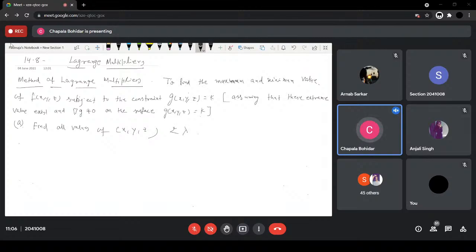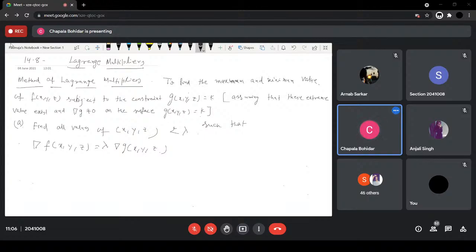Find x, y, z and lambda such that grad of f of x, y, z is equal to lambda into grad of g of x, y, z. We write it down like this. Lambda is our Lagrange multiplier.